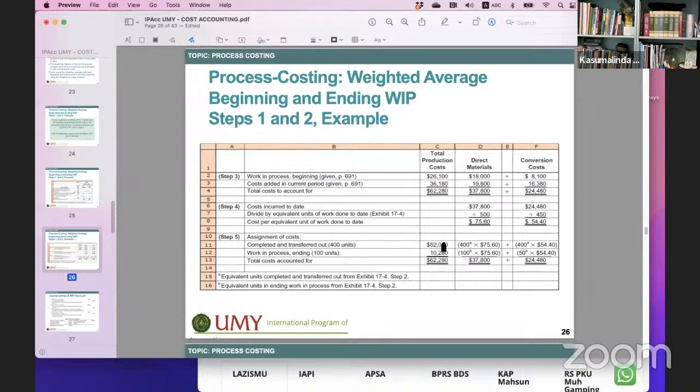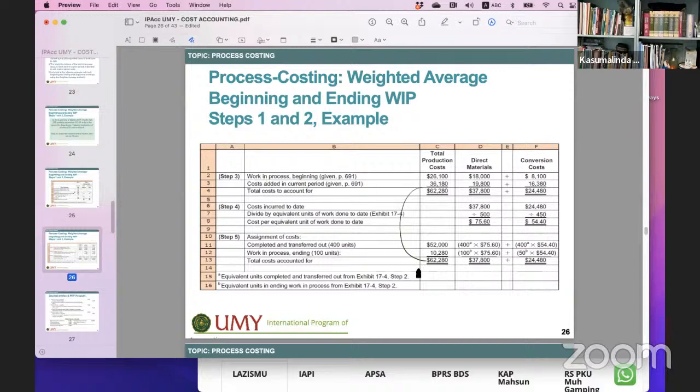Total for completed and transfer out 52,000. And for ending work in process is 10,280. Okay, and when we total these two items, we got 60,280. This is cost accounted for. And again, the cost should be the same as up here, the total cost to account for.